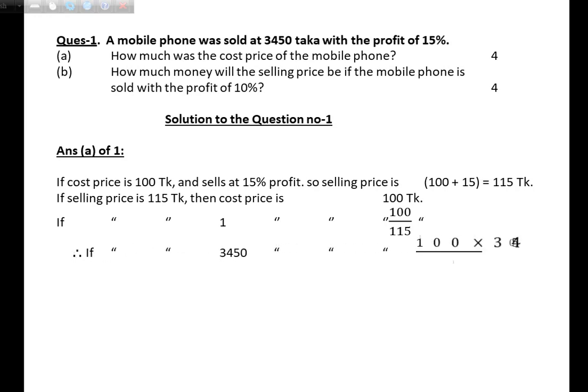And if the selling price is 3450 taka, then the cost price will be 100 multiplied by 3450 divided by 115 taka.